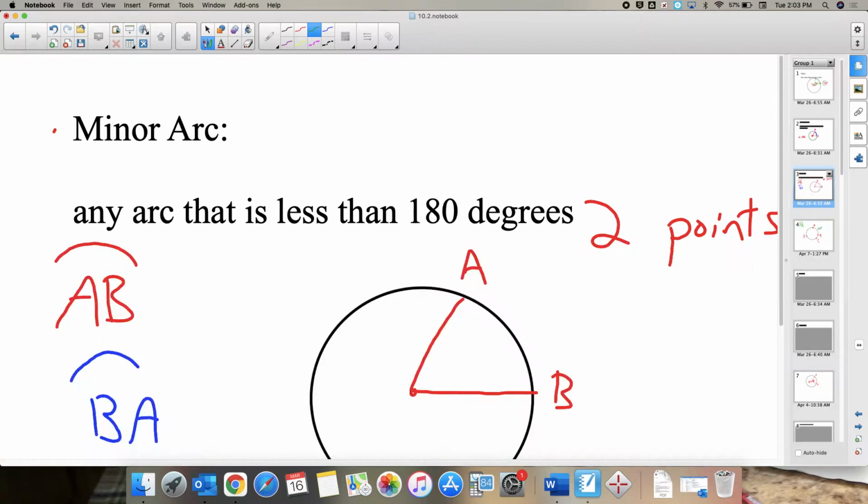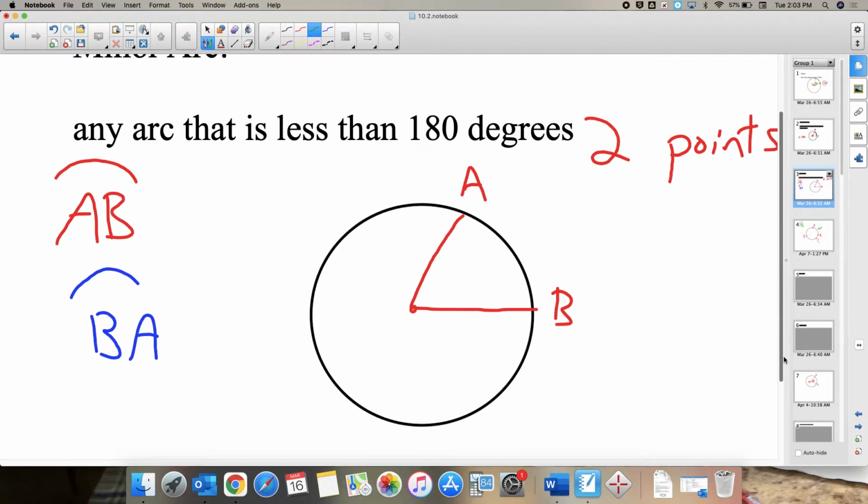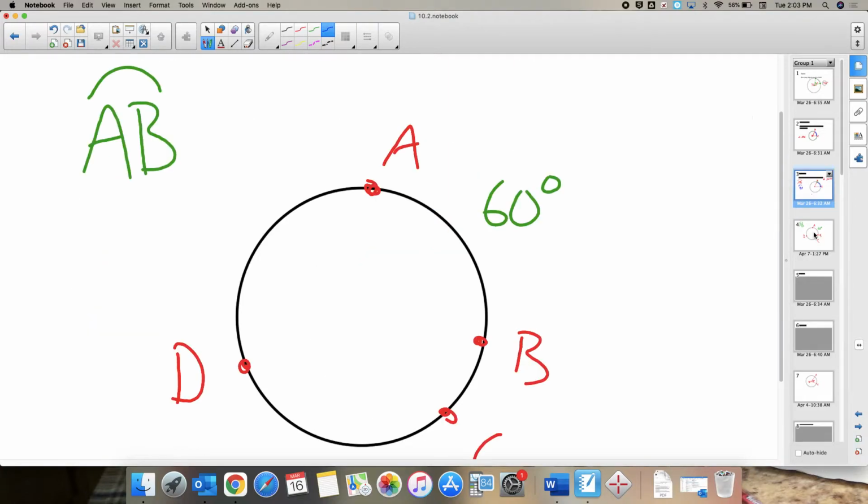When you name that minor arc, we are going to name it using two letters. We can call it arc AB here, or if we wanted to, we could call it arc BA. It's that same arc, just like naming a segment would be. If I wanted to know the measure of arc AB here, we are looking at an arc that is 60 degrees.